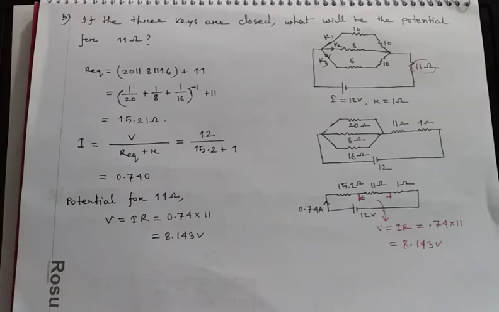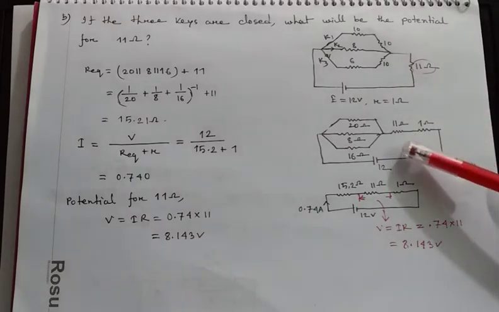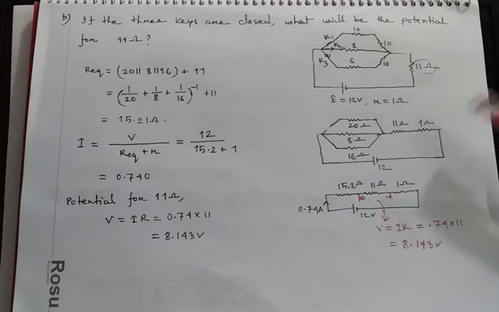By making the calculation, the equivalent resistance will be 15.2 ohms, and then there is 11 ohm, there is 1 ohm, and now these three are in series, so we will just add these three and we will get the total resistance of the circuit: 15.2 plus 11 plus 1.